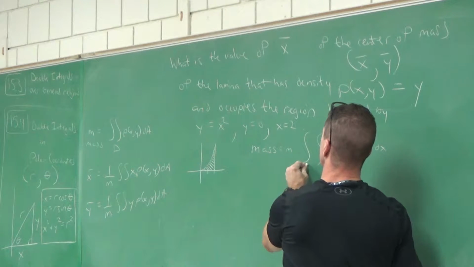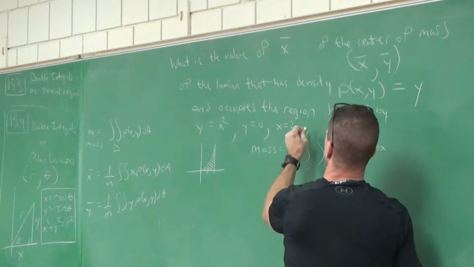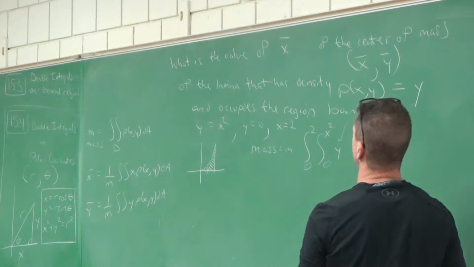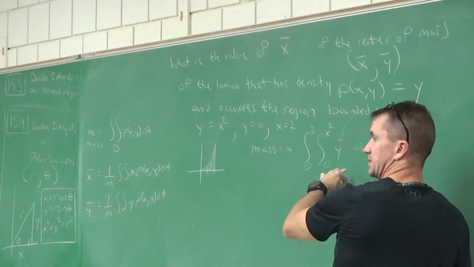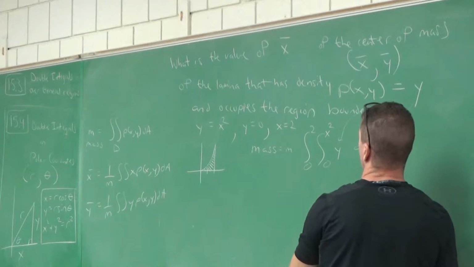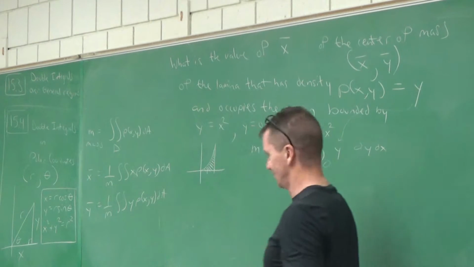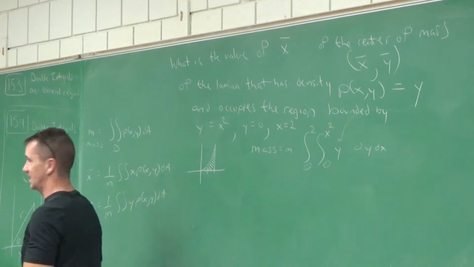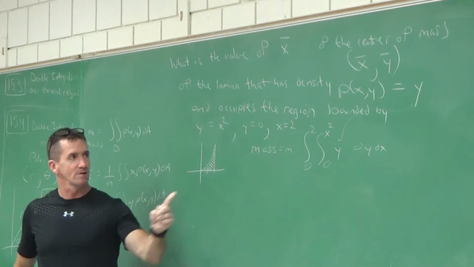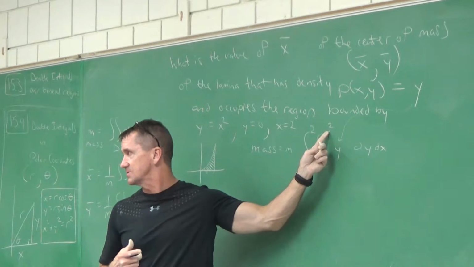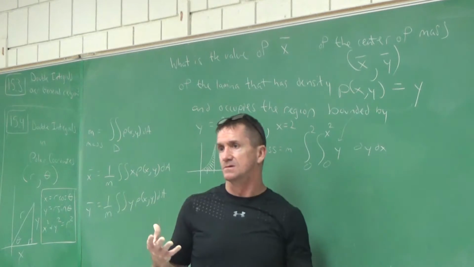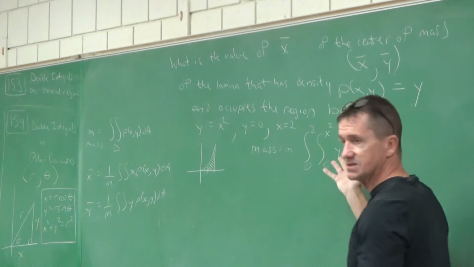Go from 0 to 2. And this will give us the mass. Can I split it up? I need to be clear. You can never split it up if you got anything in terms of those limits of integration that isn't a numeral. This is a general region.